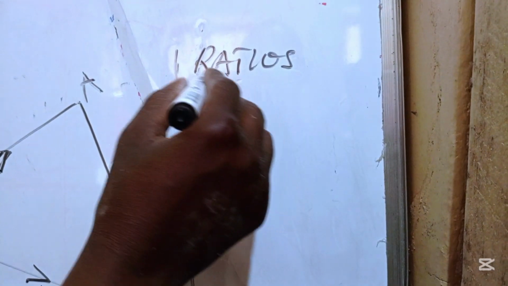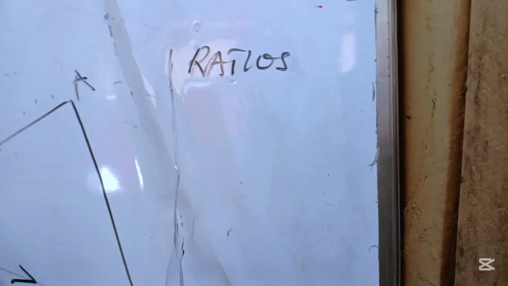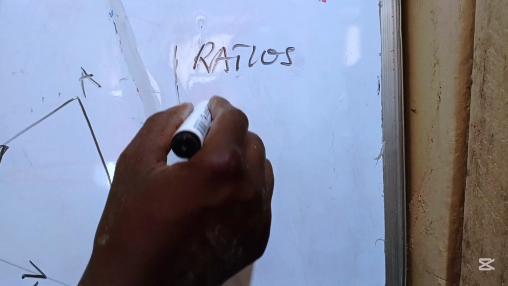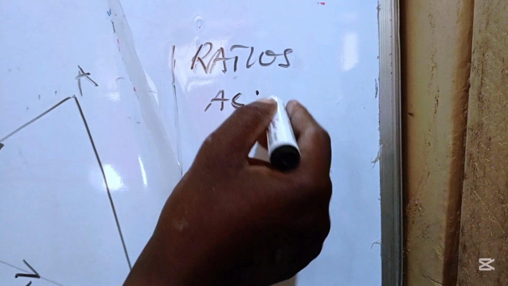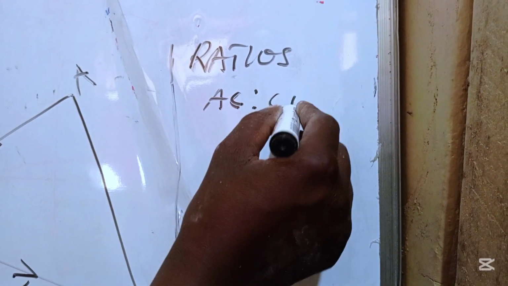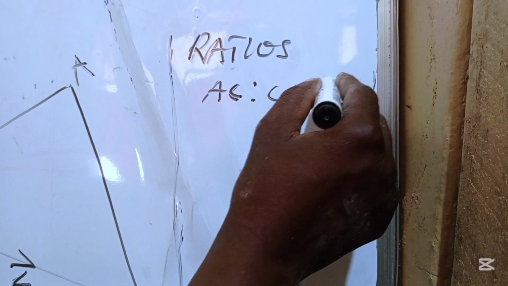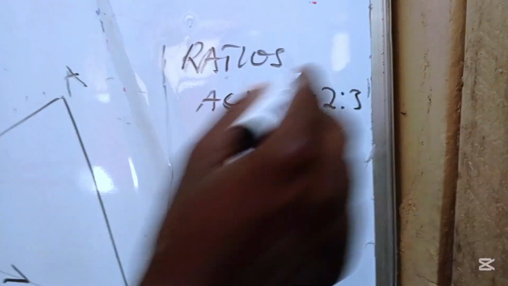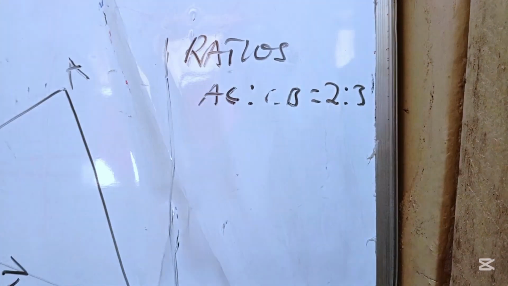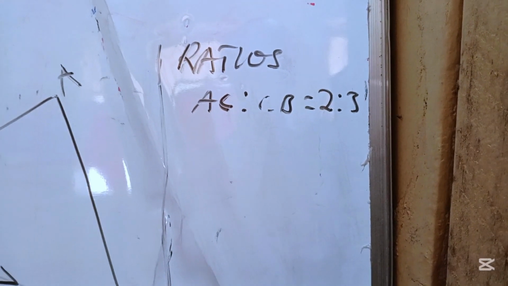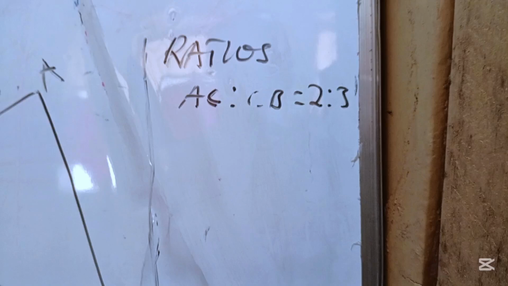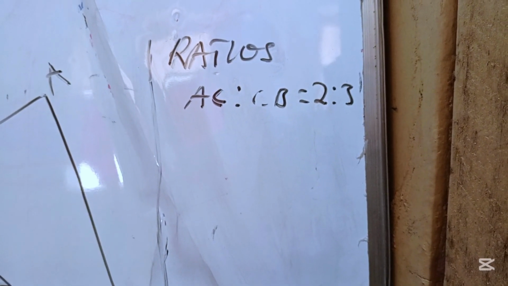Maybe they will say AC is equal to, maybe they tell you about CB, something like that, then they give you a ratio like 2 to 3. So these are ratios. We'll be able to interpret such things as we tackle some questions. So ladies and gentlemen, let's get started with vectors.